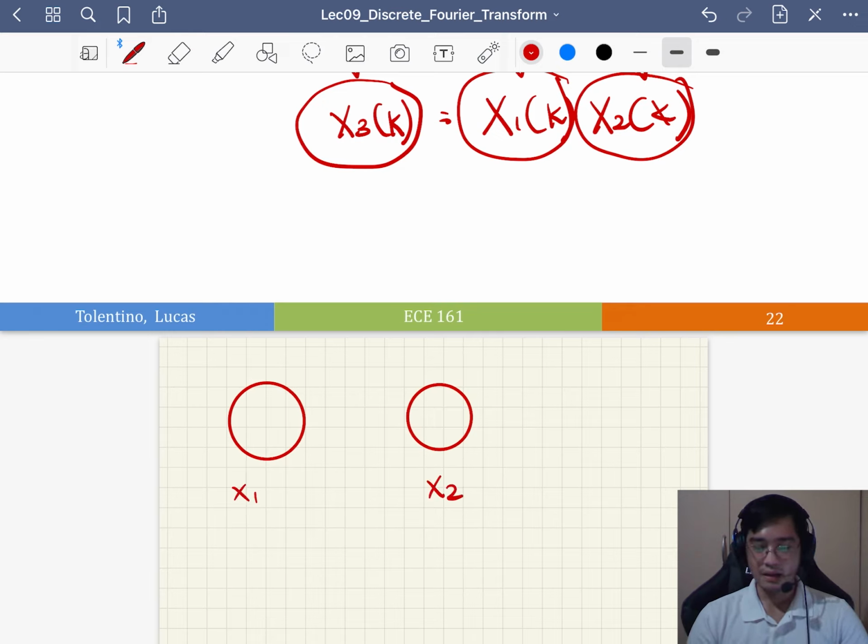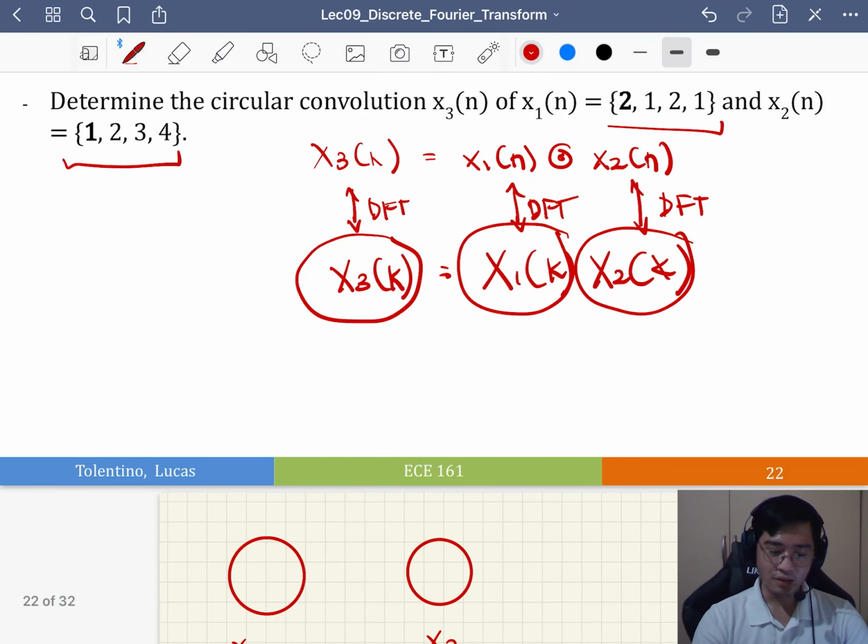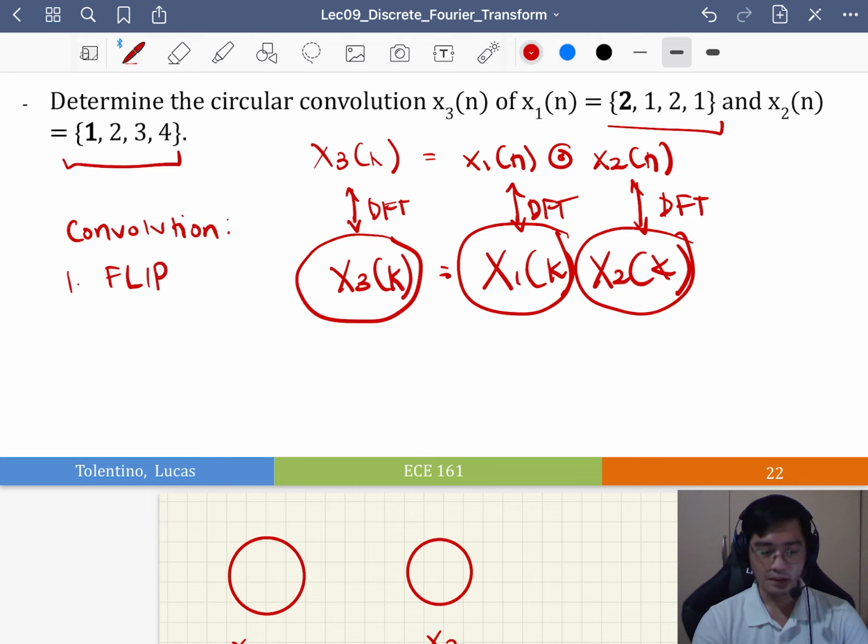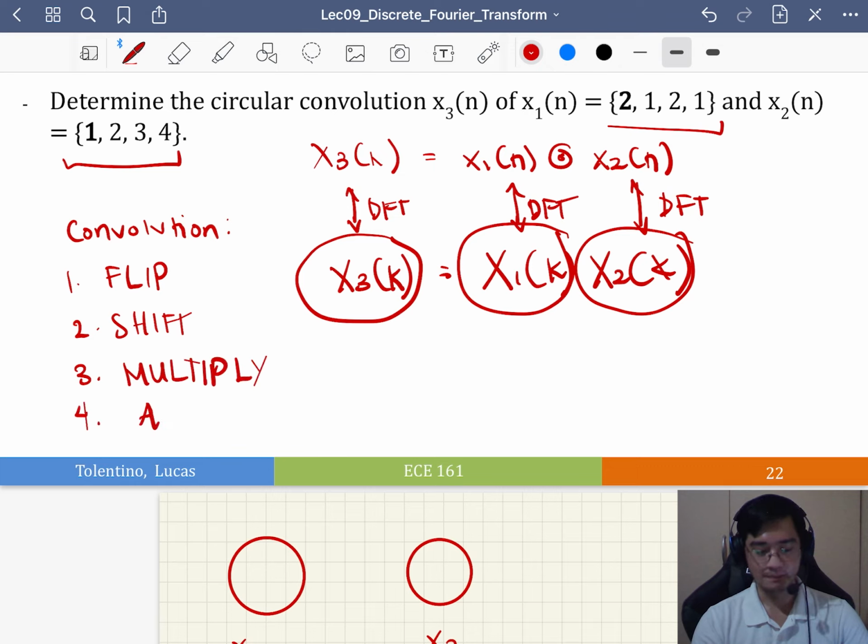In convolution, there are 4 steps, so we still follow those steps. Number 1 is we flip. Number 2 is we shift. Number 3, multiply. And number 4 is we add, because we are taking discrete signals only. Flip, shift, multiply, and add.